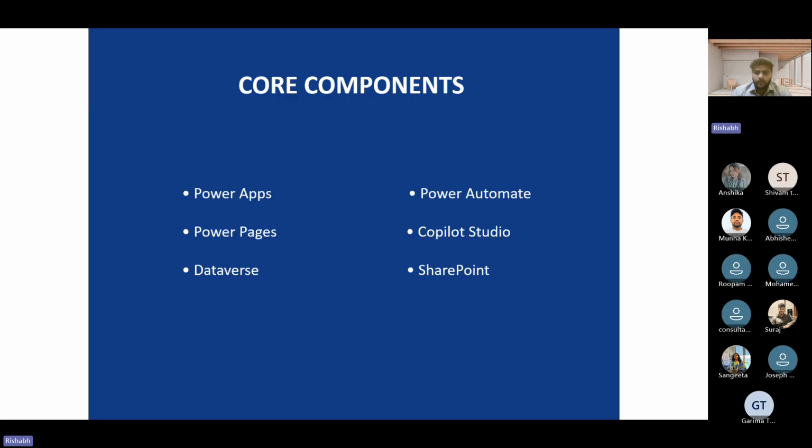Now we'll talk about the core components of this Power Platform. There are five major components, each playing a specific role, and together they help you build end-to-end business solutions. First, we will talk about Power Apps, Power Automate, Power Pages, Copilot Studio, Dataverse, SharePoint, and there is one missing by my mistake.